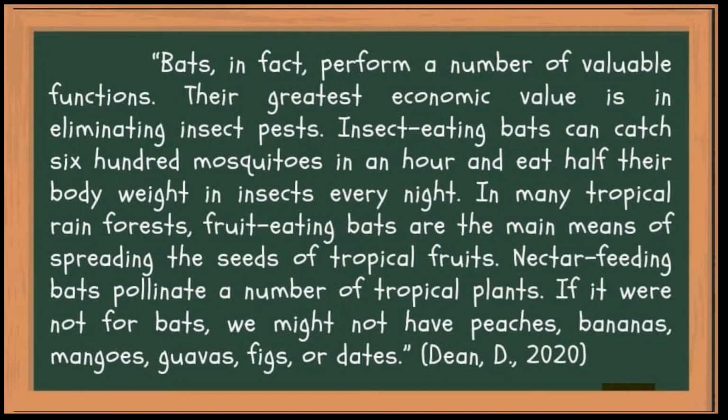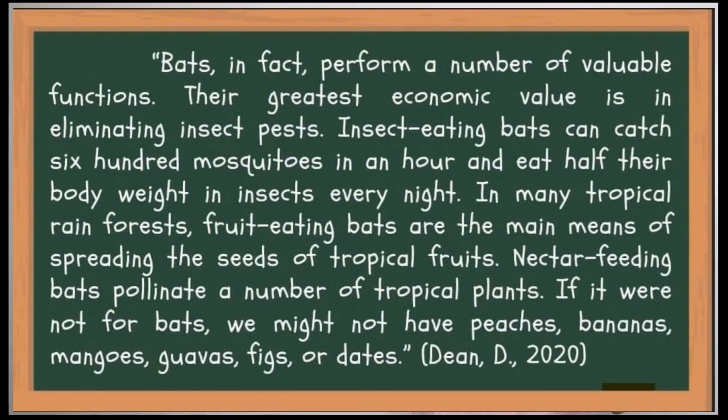In many tropical rainforests, fruit-eating bats are the main means of spreading the seeds of tropical fruits. Nectar-feeding bats pollinate a number of tropical plants. If it were not for bats, we might not have peaches, bananas, mangoes, guavas, figs, or dates.